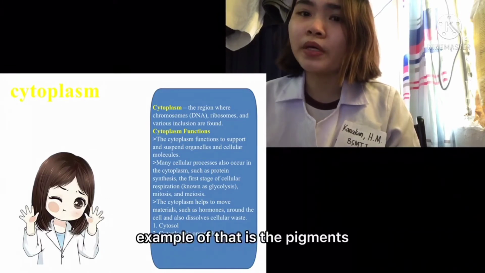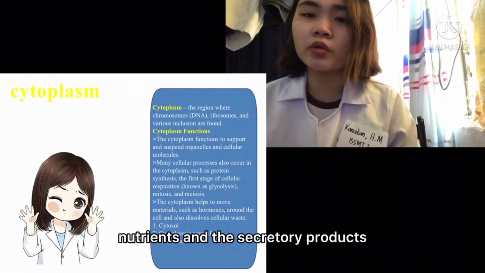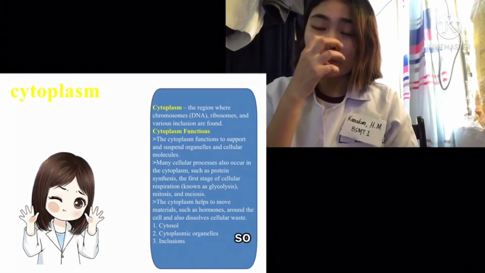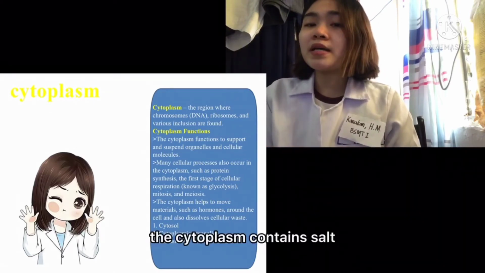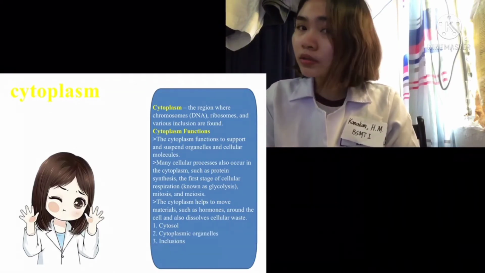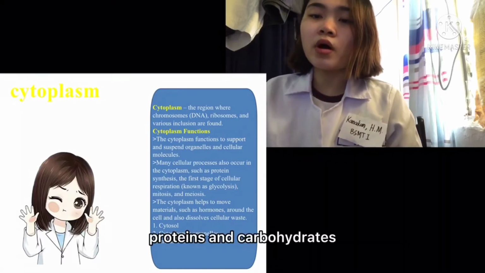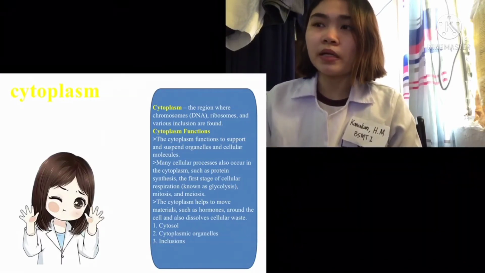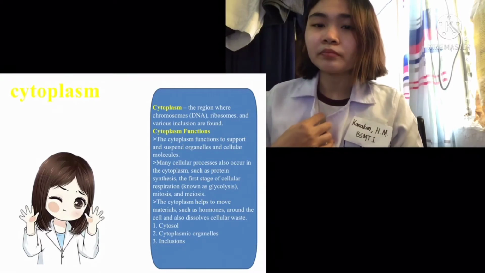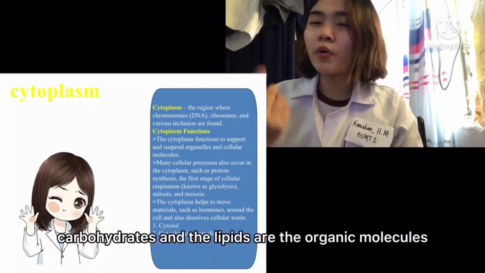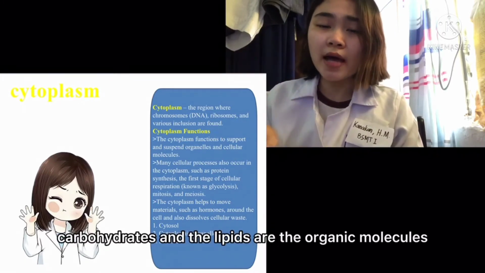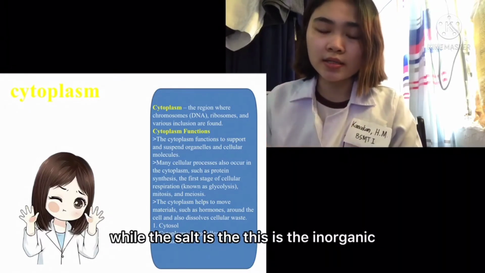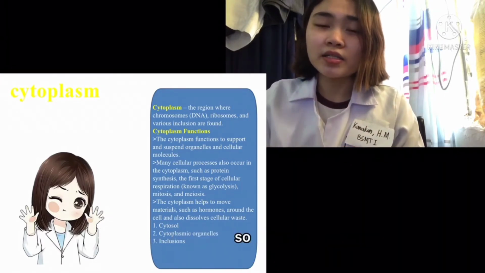Example of that is the pigments, nutrients, and the secretory products. So the cytoplasm contains salt, proteins, and carbohydrates, and also lipids. And then the proteins, carbohydrates, and the lipids are the organic molecules, while the salt is the inorganic.